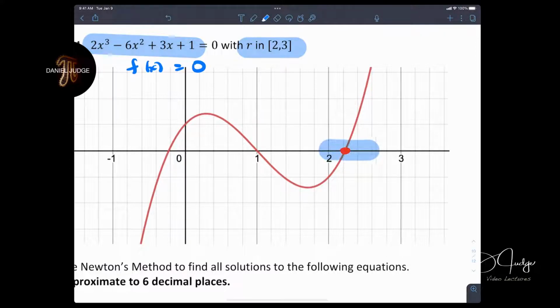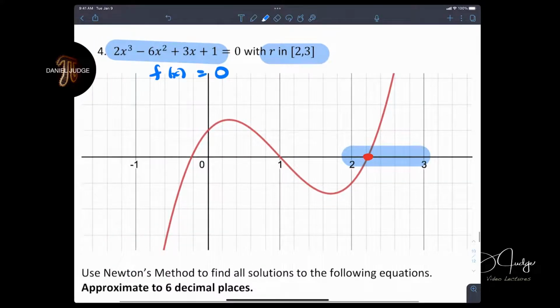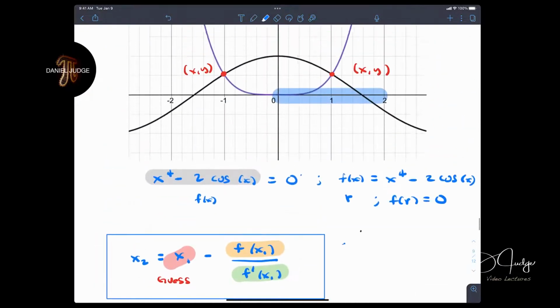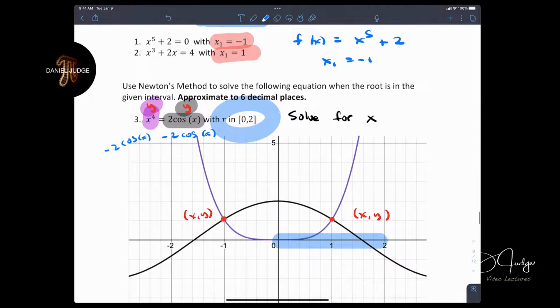Okay. Between 2 and 3. That's what they're asking. To find that particular root of this cubic function. And they want us to go again, I believe that was to 6 decimal places here.